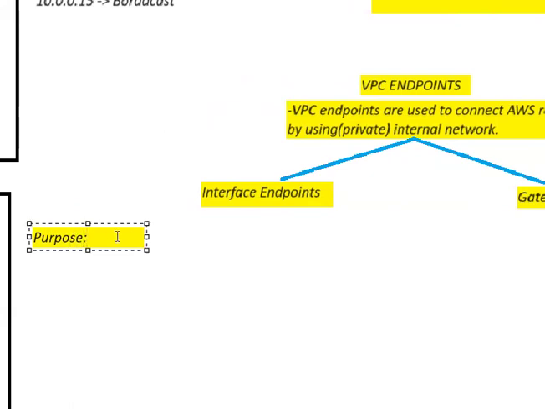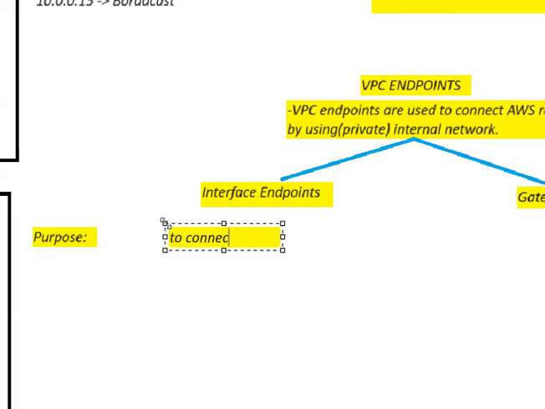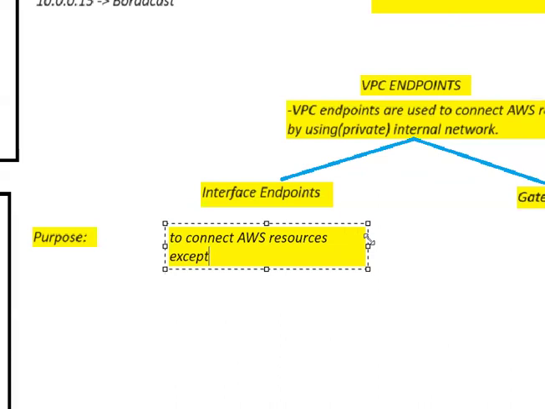If we deal with purpose, then this interface endpoint is created to connect AWS services, AWS resources, except, so currently I'm providing the latest details, that is up to now, the interface endpoint can connect AWS resources except S3 and DynamoDB.